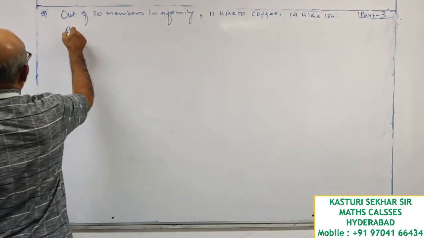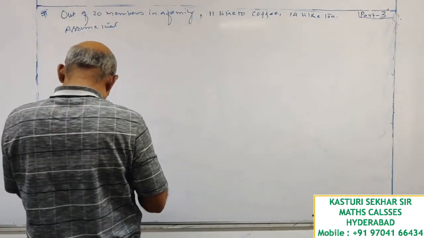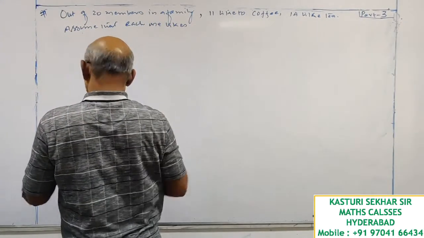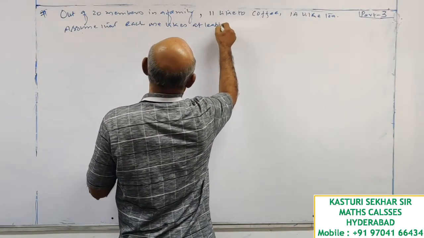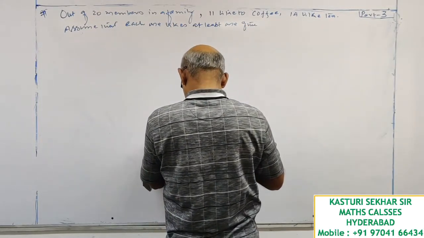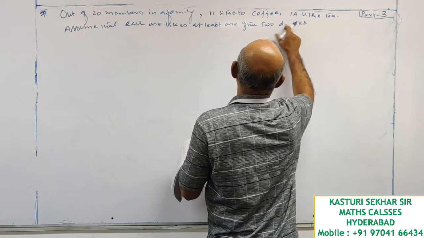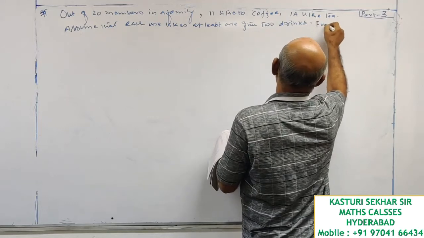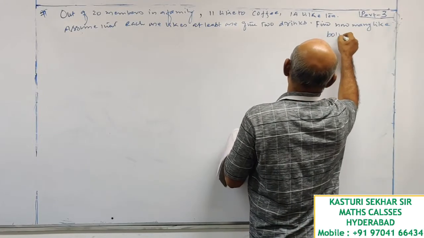Assume that each one likes at least one of the two drinks. Find how many like both.